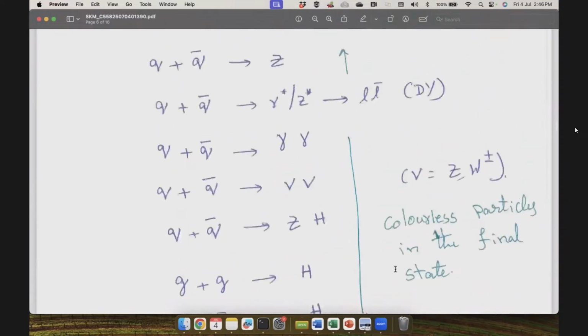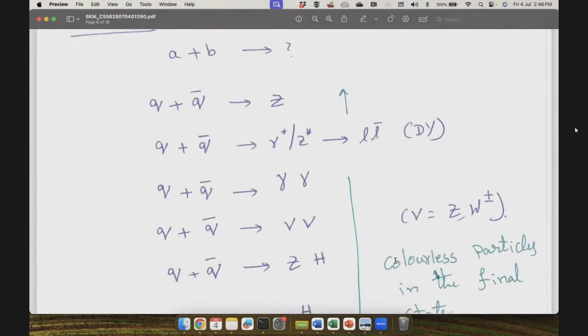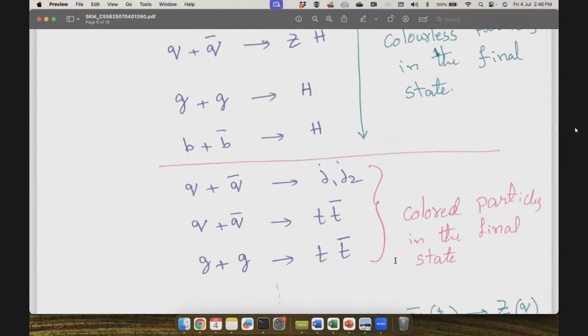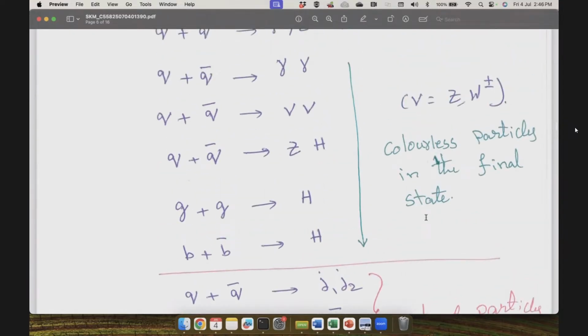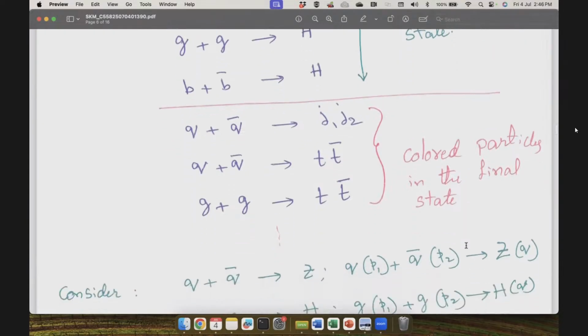What I mean to say is, LHC being a head-on collider, all the incoming particles are colored particles, but the particles in the final state can be both colored as well as colorless. So there are examples of colorless particles in the final state system as well as colored particles in the final state system.